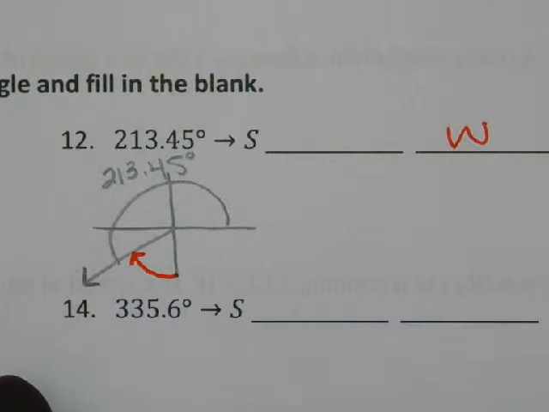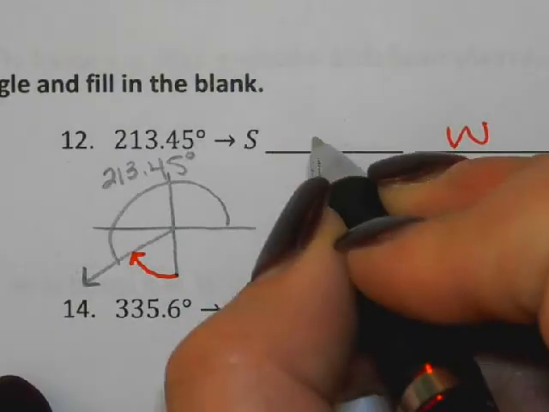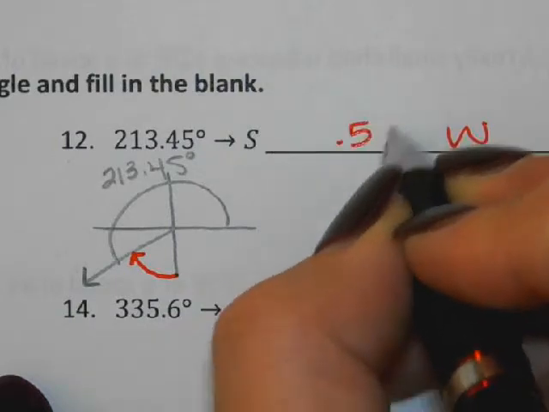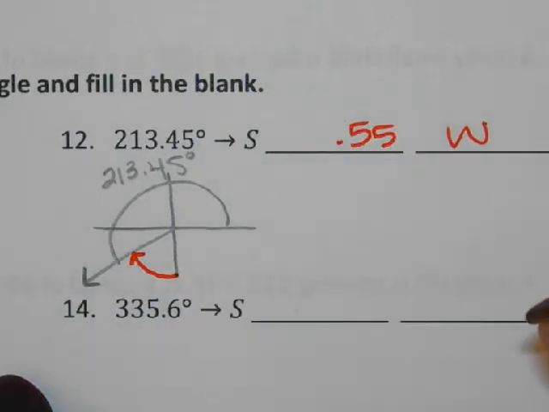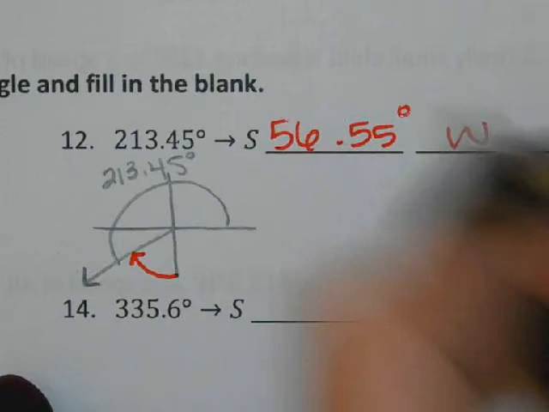How could we find that part? Yeah, we could subtract it from 270. So if you do 270 minus 213.45, you get 56.55.